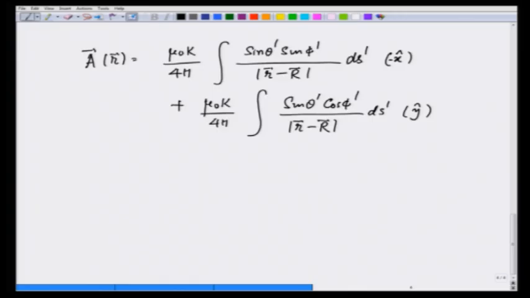Let me quickly tell you what these integrals will be, and I will explain them in the next lecture.